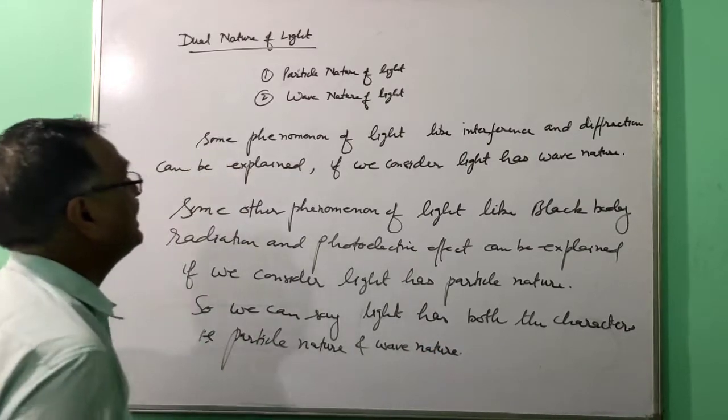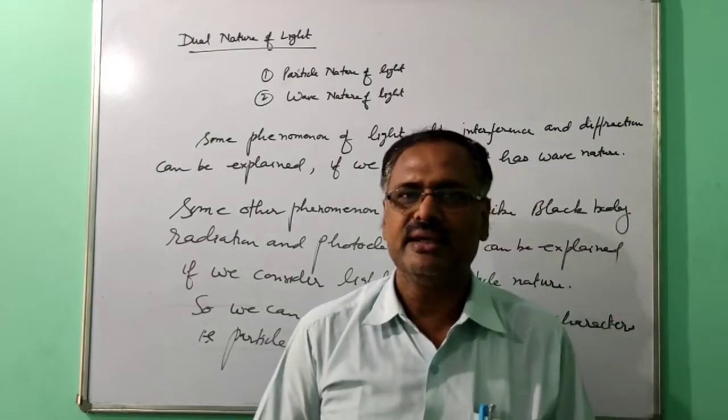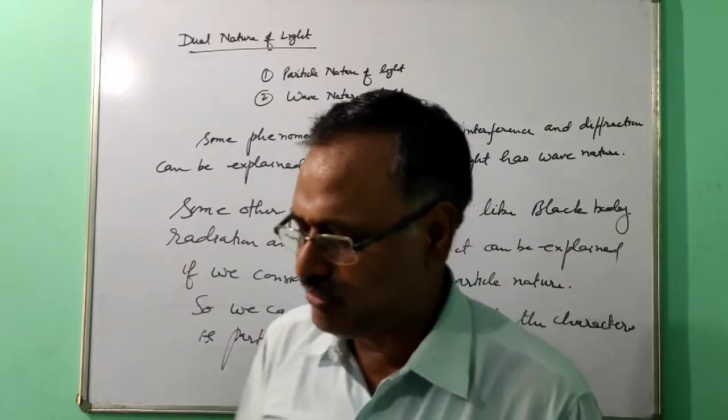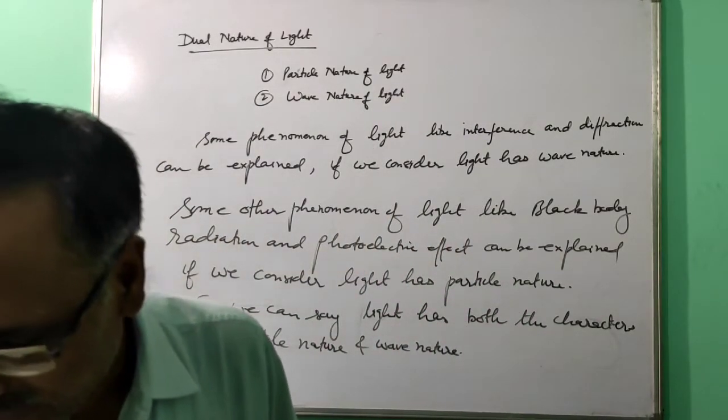This is called the dual nature of light. Earlier you were thinking only of particle nature, but now both particle and wave nature are there. So light has both natures, particle and wave.